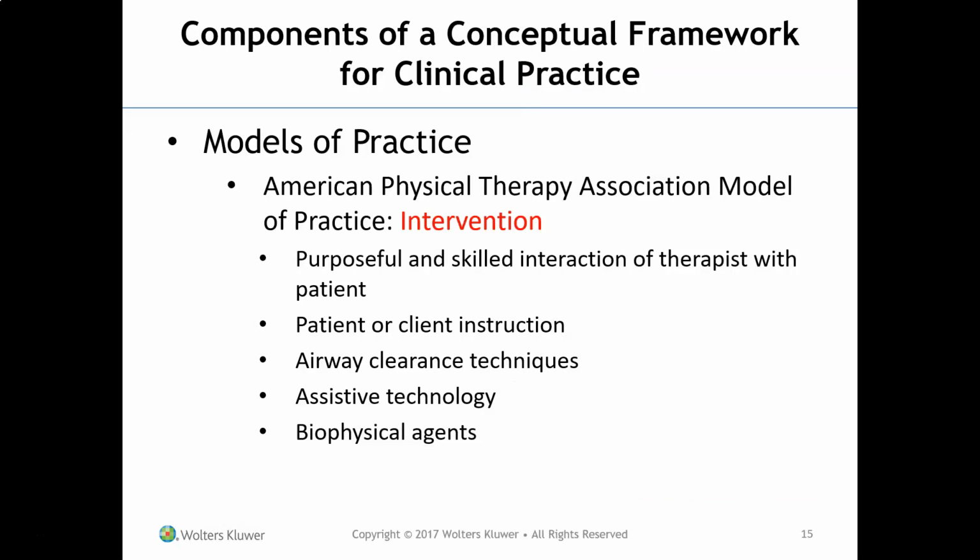Now, from the Model of Practice of the American Physical Therapy Association, what about intervention? Intervention is the purposeful and skilled interaction of the therapist with the patient or client: instruction, airway clearance techniques, assistive technology, and biophysical agents. So that's all the things that we can do.